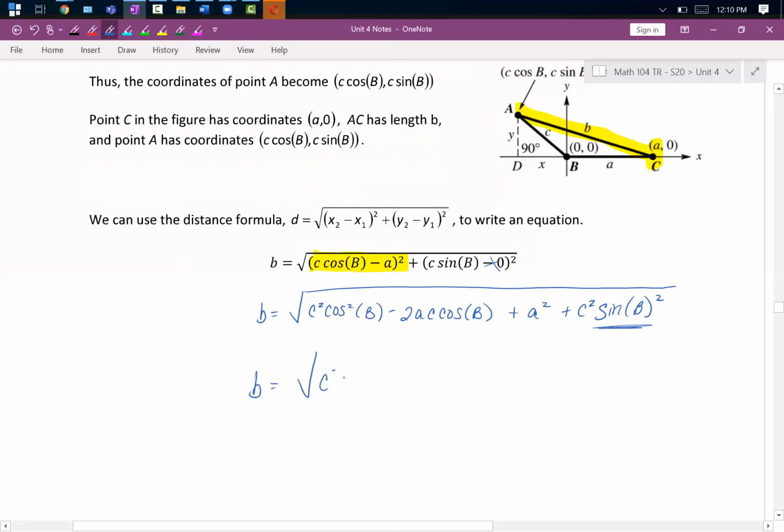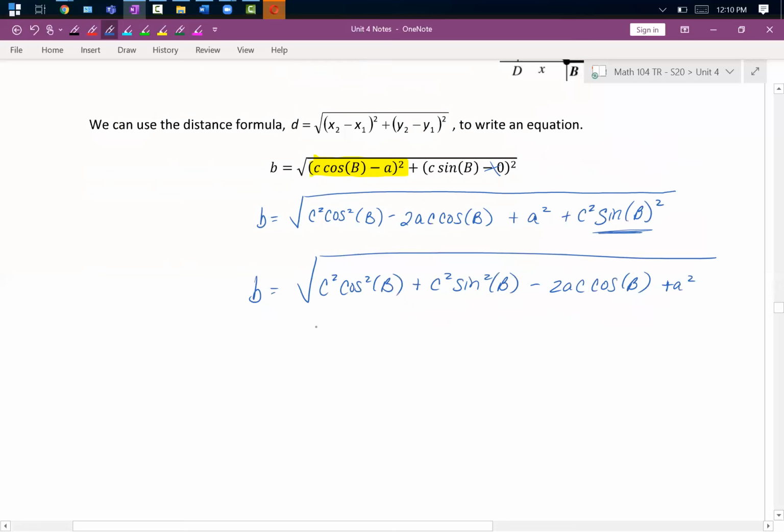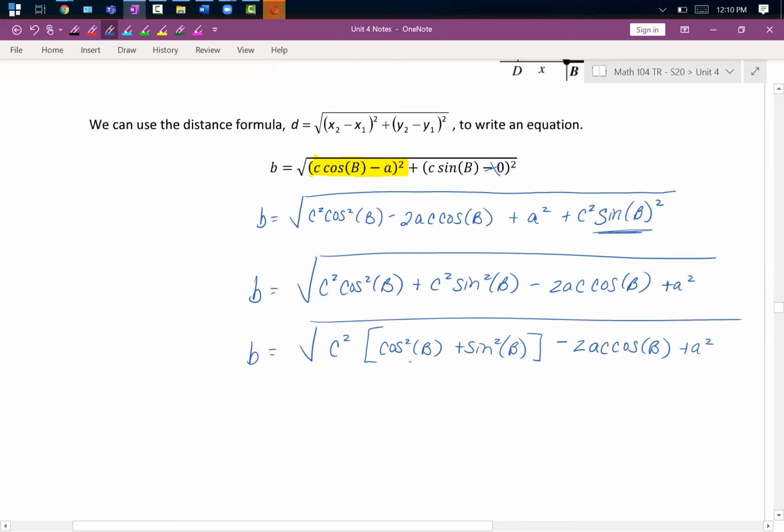So this is going to be c squared cosine squared B plus c squared sine squared B minus 2ac cosine of B plus a squared. Out of those first two terms, I can factor out a c squared, leaving us with cosine squared plus sine squared. And we're always happy to see cosine squared plus sine squared because using our Pythagorean identity, it turns into just 1.